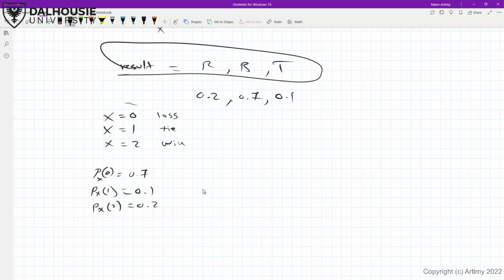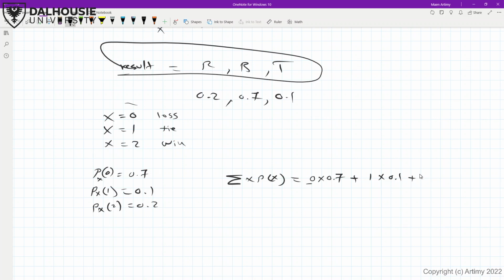On average, let's say I want to find what is the number of points that the red team will get. So here, for every loss, it's 0 points they get with a probability of 0.7. For tying, they will get 1 point with a probability of 0.1.